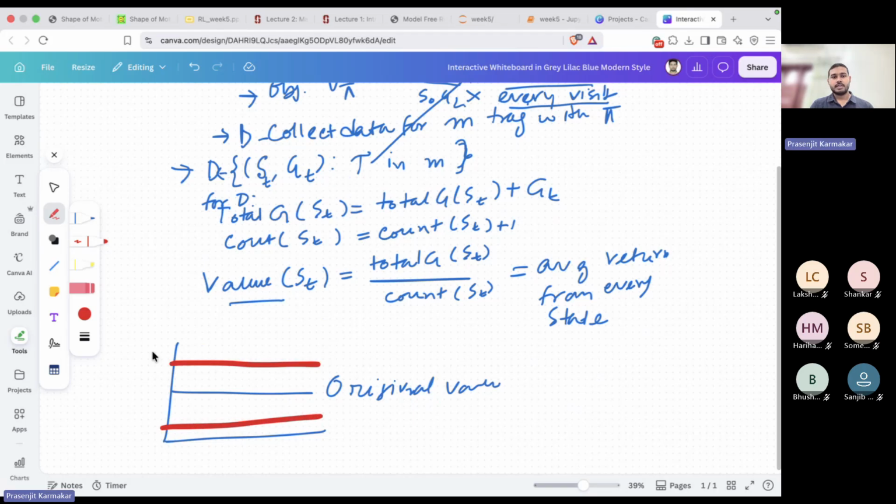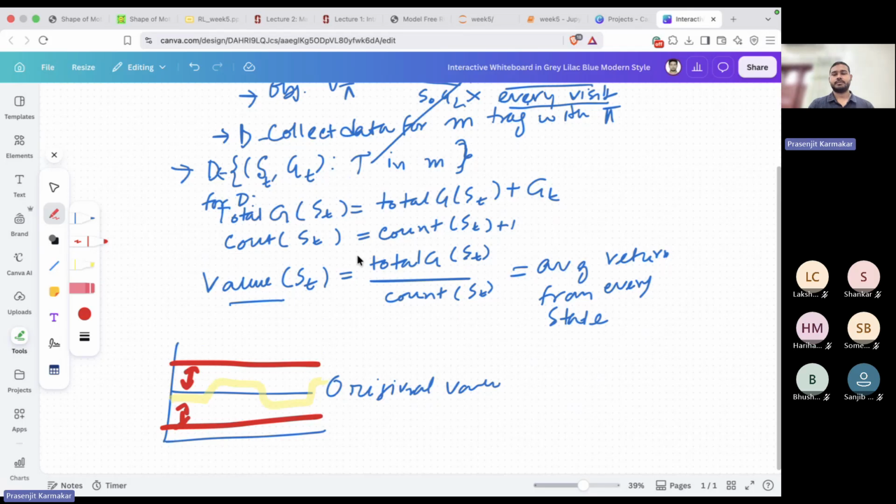Whereas if I go with a first visit algorithm, it might be off somewhere, something like this. So it will oscillate within the original value function boundary, but it will not be a biased estimate. This is the extra bias for every visit. It can be positive or negative bias, but it will not be there in first visit.